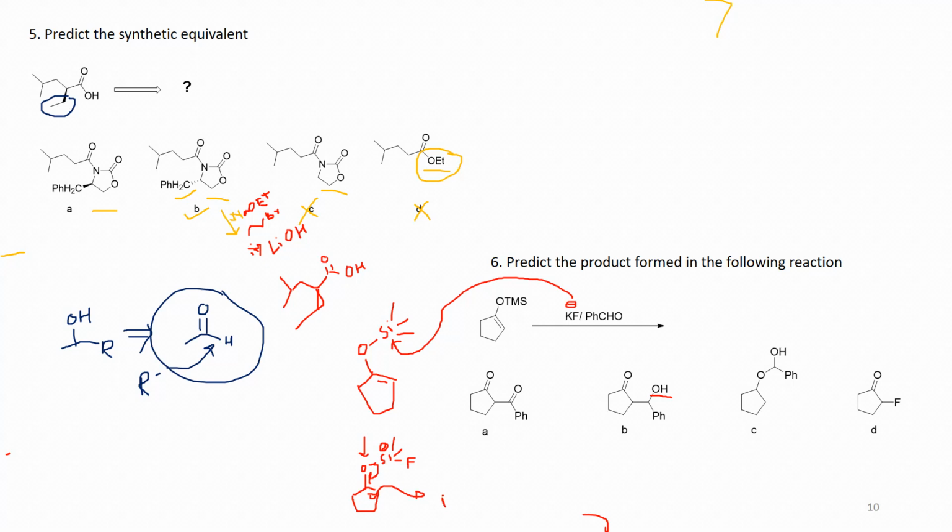Here the electrophile is this aldehyde. The aldehyde opens and forms this as our product. So our correct option is option B. I hope it's clear.